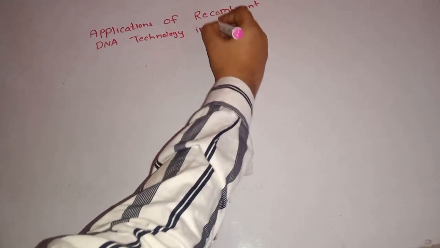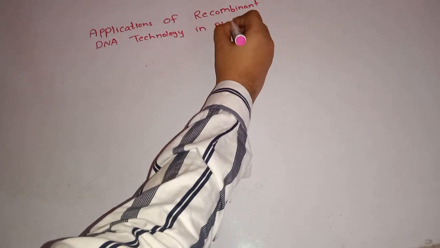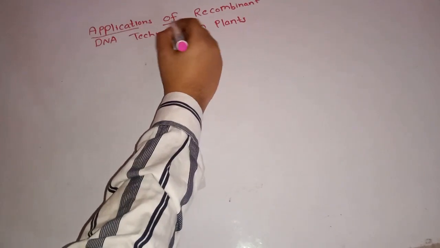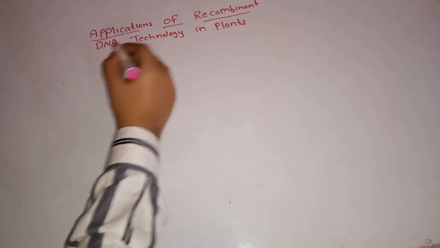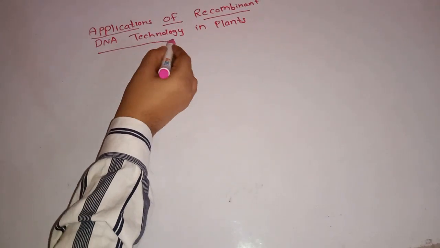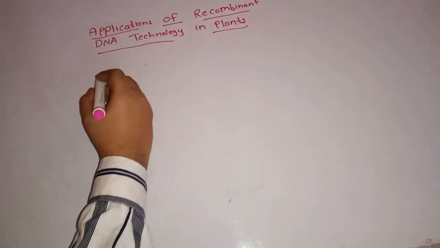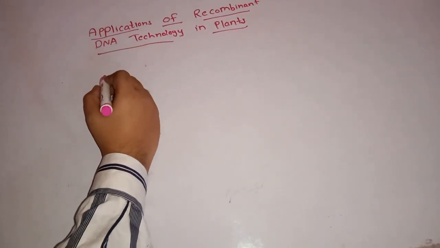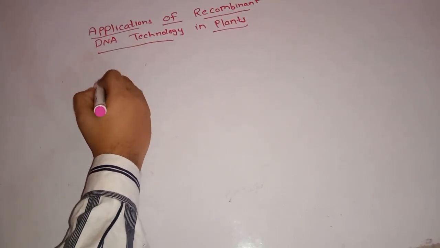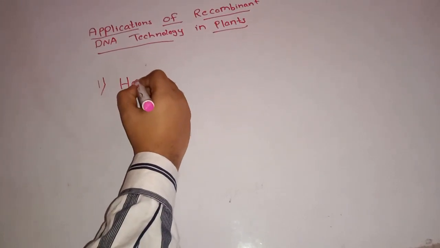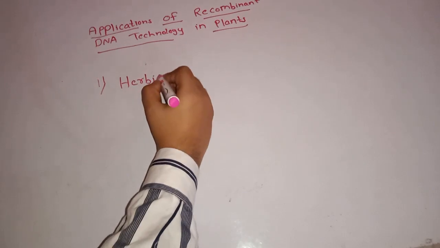Recombinant DNA consists of two different DNAs from two different species, and this DNA is inserted into the host. So recombinant DNA technology is a method to introduce recombinant DNA, that is, DNA of two different species, into the host cell.